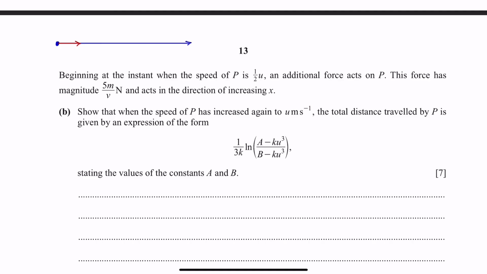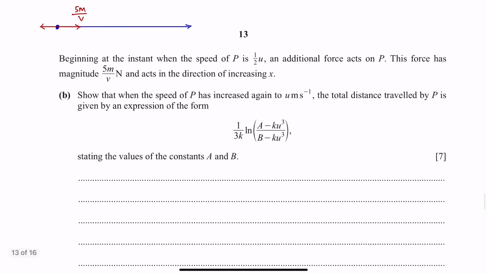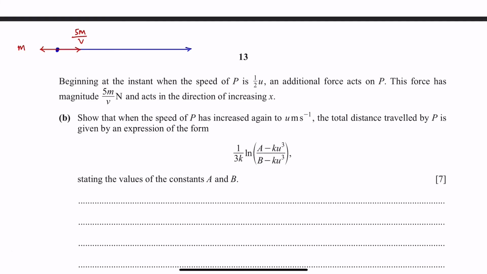This has magnitude 5m over v. And don't forget about our resistance force. Our resistance force, according to the question just now, is mkv squared.